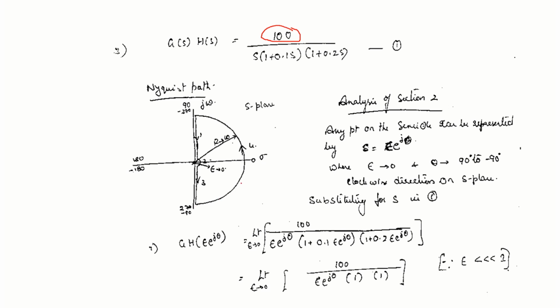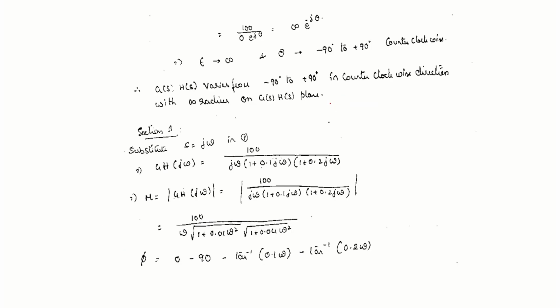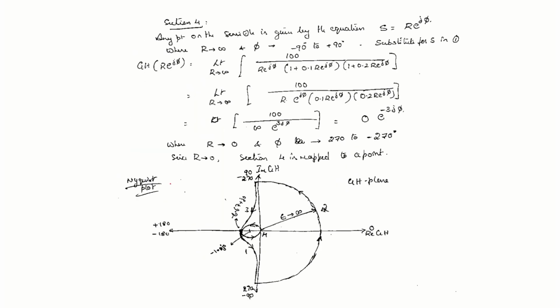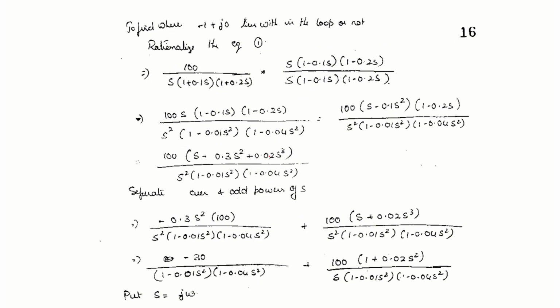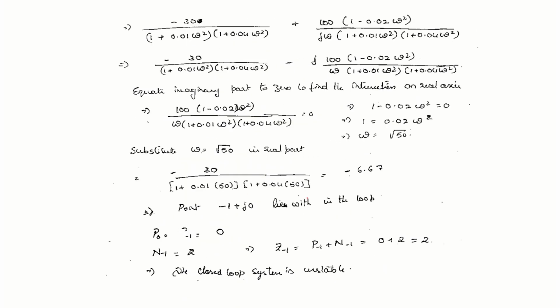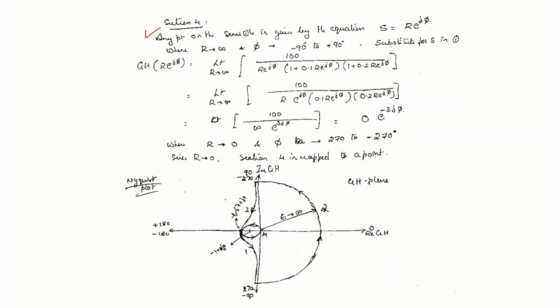Then you have to find out the intersection point. You get omega is equal to root 50. Substituting in the real part, you are going to get minus 6.67. So here you have minus 6.67.